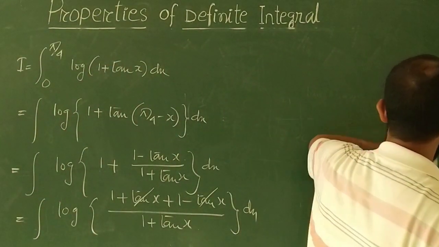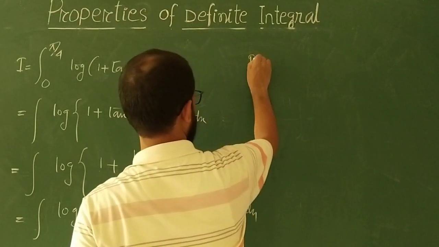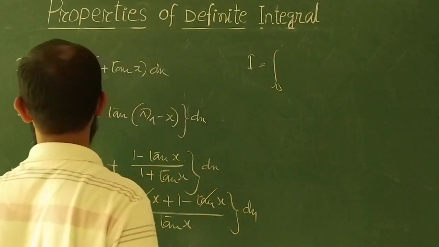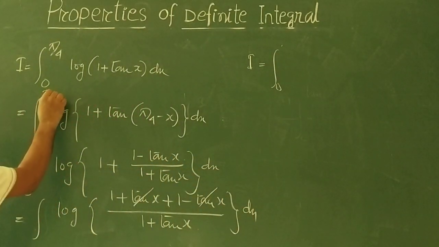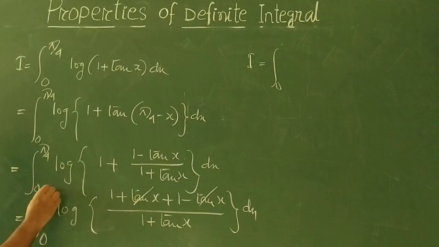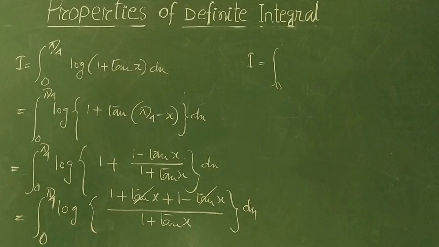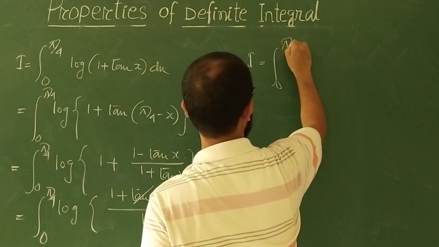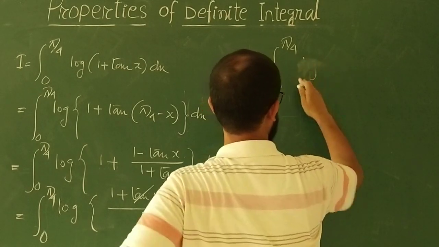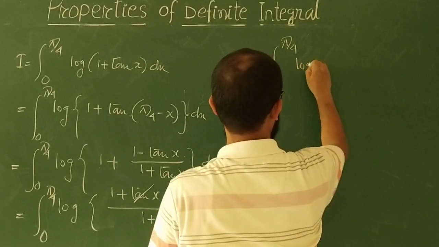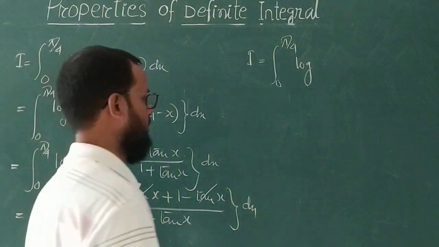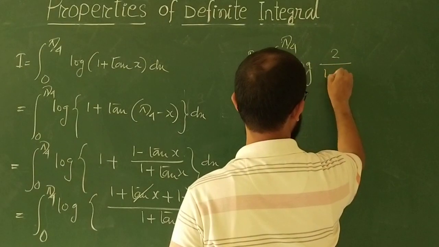Your integral becomes I equal to integration 0 to pi by 4 of log of, क्या होगा? 1 plus 1 is what? 2. 2 by 1 plus tan x.